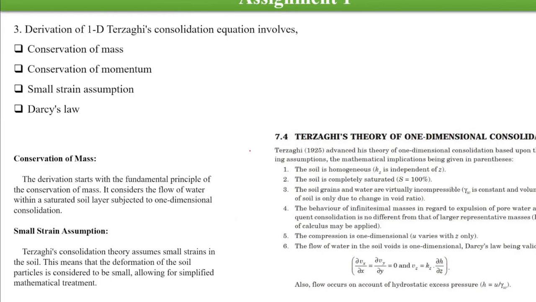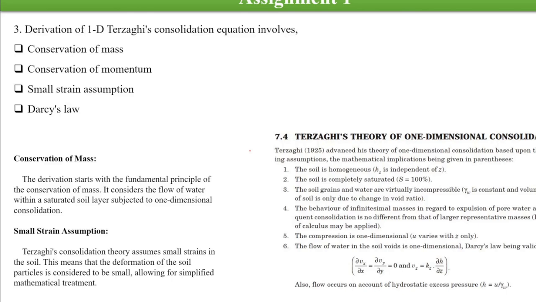Question number three is that for the derivation of the 1D Terzaghi consolidation equation, what are the rules or conservation terms which are involved? For 1D Terzaghi consolidation, it is basically conservation of mass that is involved. So the mass is conserved while doing consolidation.